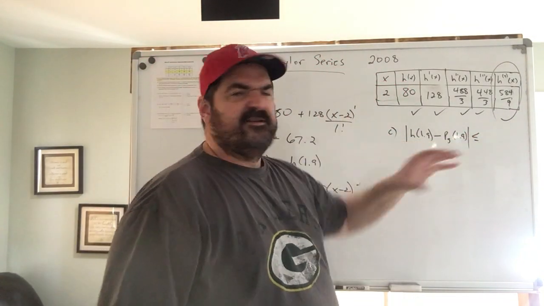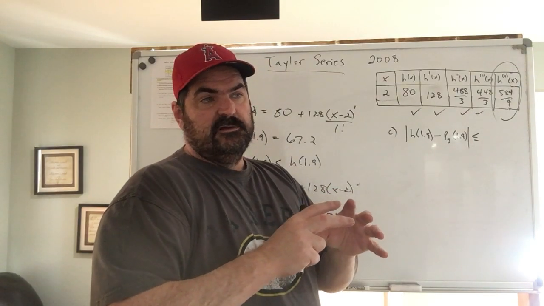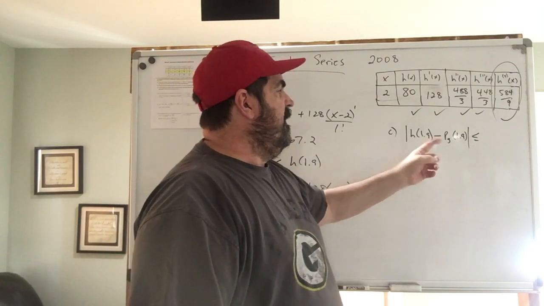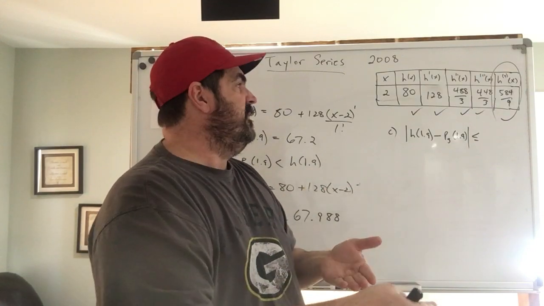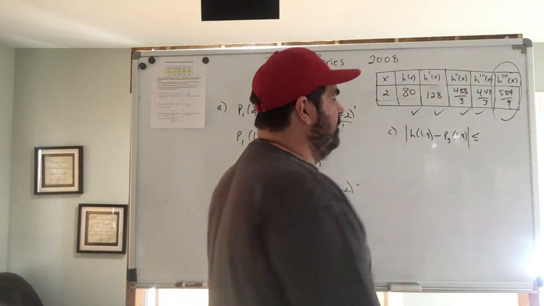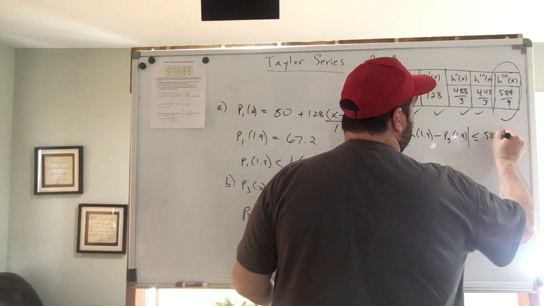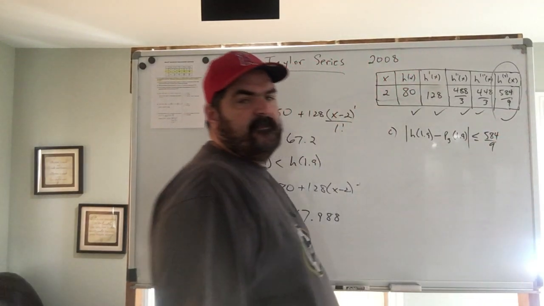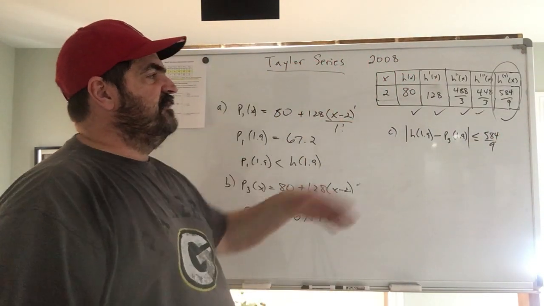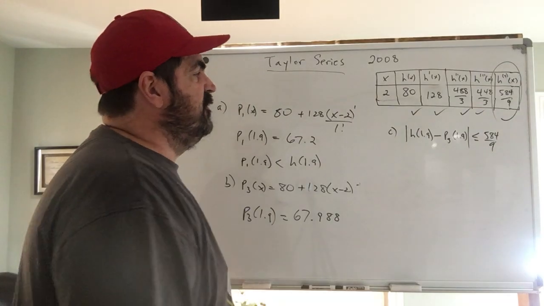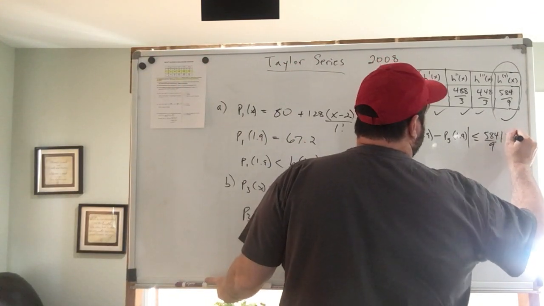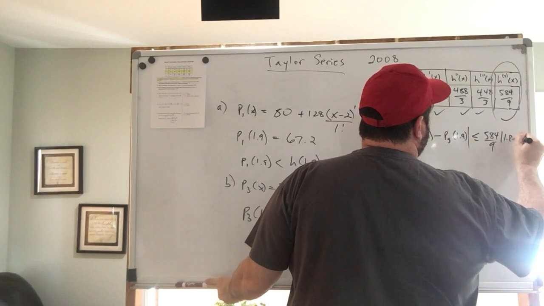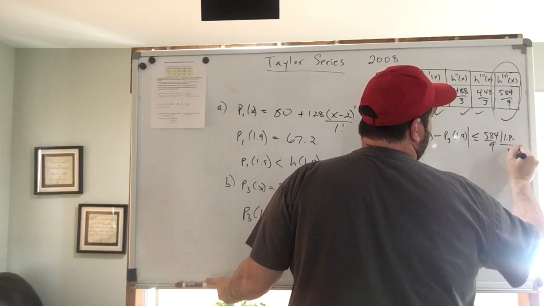And if you remember for Lagrange, it's the maximum the derivative can be of the next term. So if we have a third, it has to be 4. It has to add 1. So the fourth derivative is 584 over 9. All right, and that's the maximum because it's increasing, and that's what's happening at 2, so it's up to that. And then we do times the actual next term, which is the 4th term.